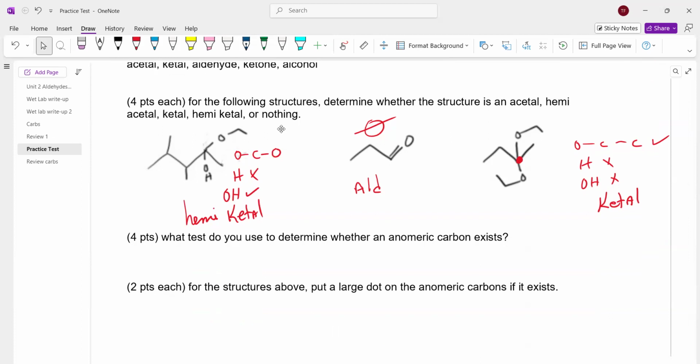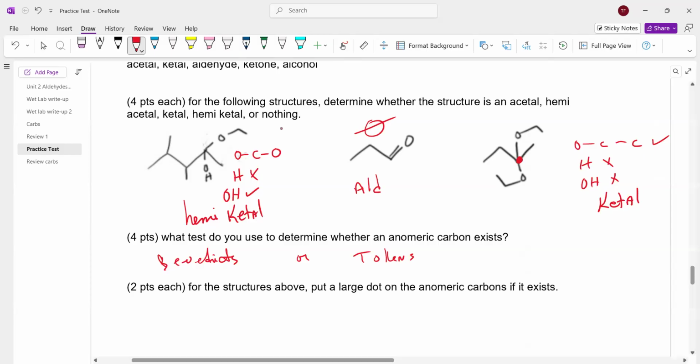Where I was looking for in this one is another problem with this answer I gave, Benedict's or Collins, is you can have an anomeric carbon, but it's not a hemiacetal. So for example, if we tried to test this with Benedict's or this, it would give a negative test.